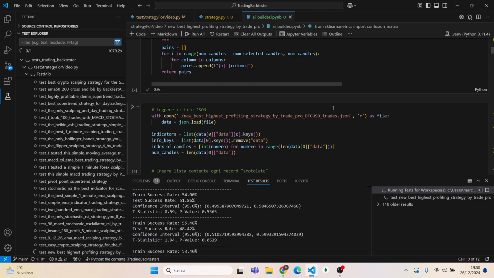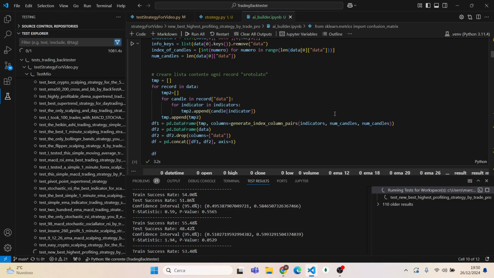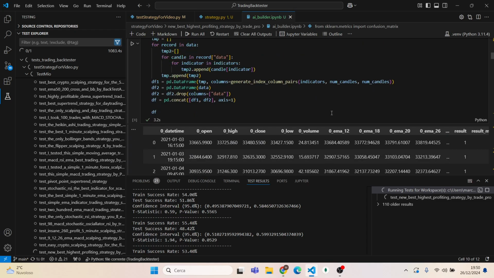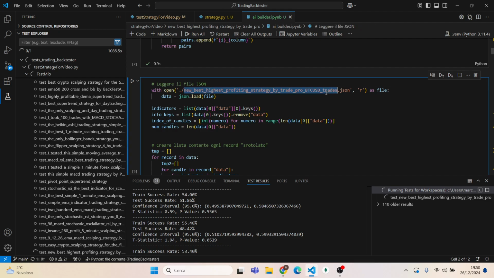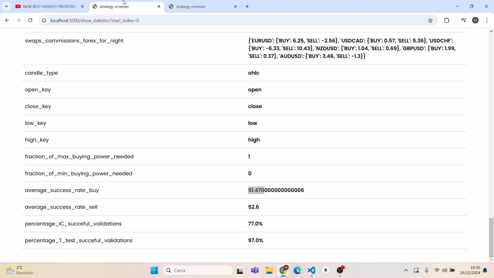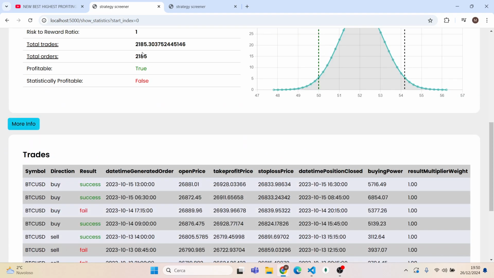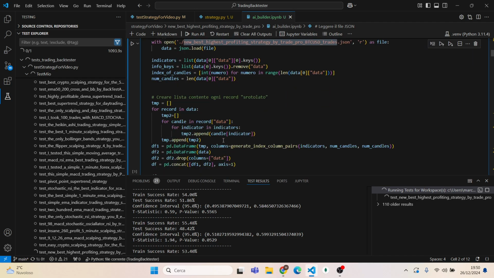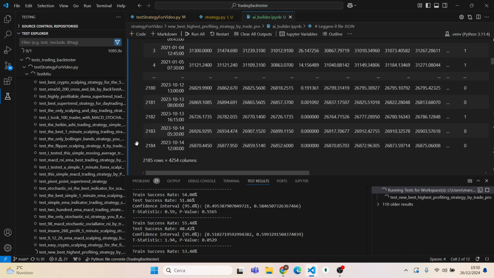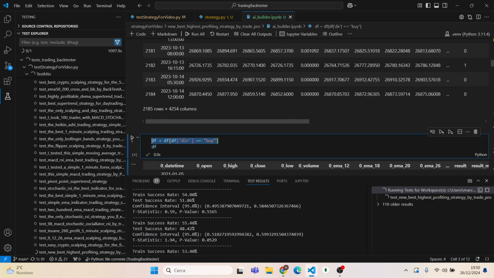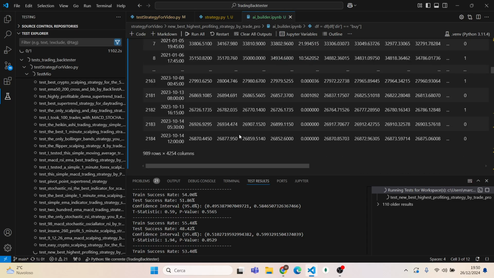First of all, I downloaded all the trades and now I'm loading them. I'm loading the trades of the train dataset, so these trades, there are 2000 and something. As you can see, I loaded it here and I'm filtering to take into consideration only the buy orders.